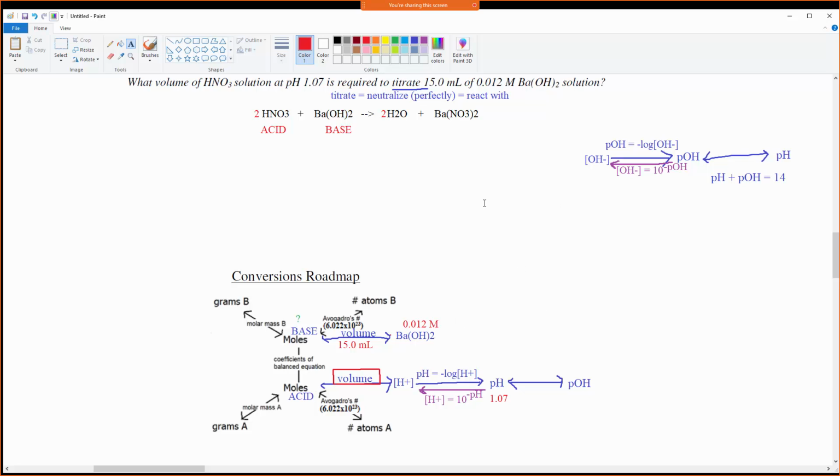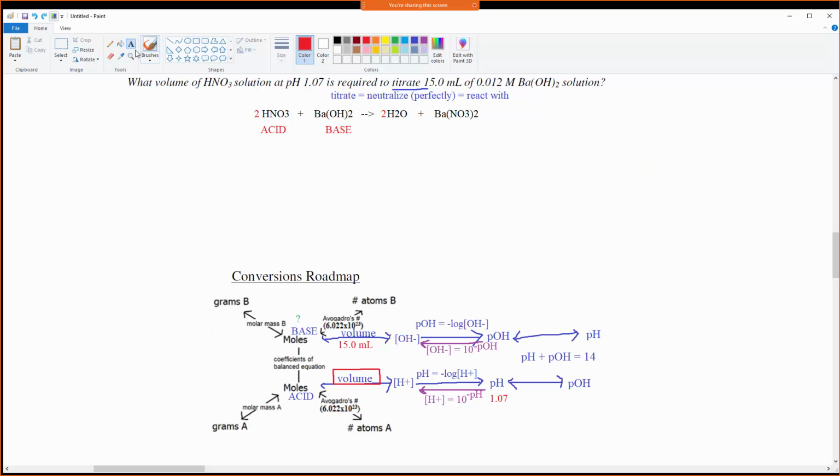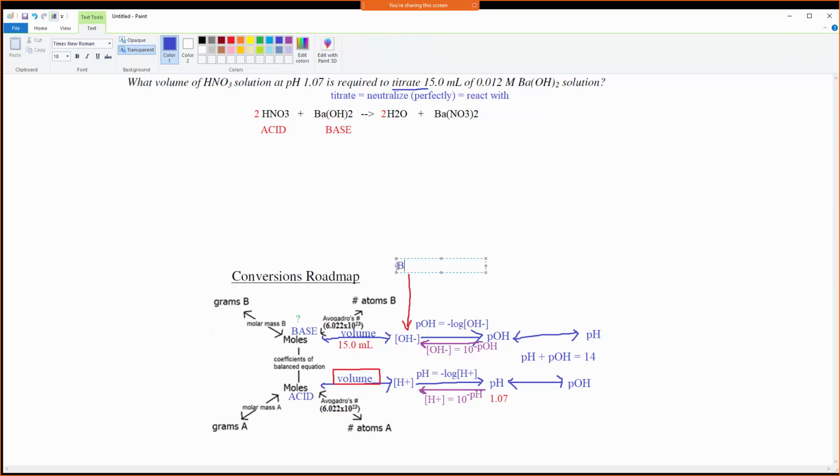Now, I could have just left this here and said, okay, I'm going to do this separate thing. Hang on a second. In fact, I'll go back. I have an extra step to take over here because I need to go from my concentration of barium hydroxide to my concentration of hydroxide. That's another way of doing it.